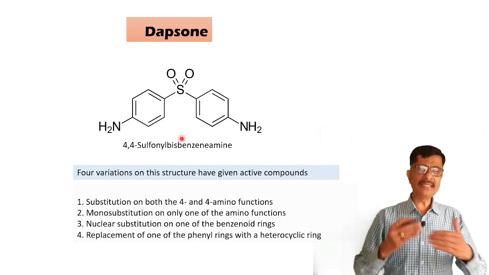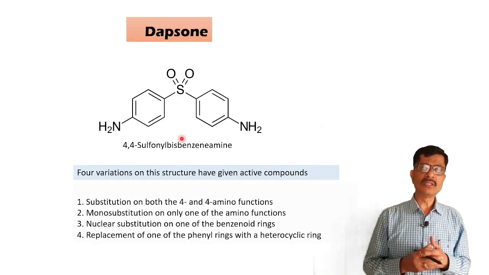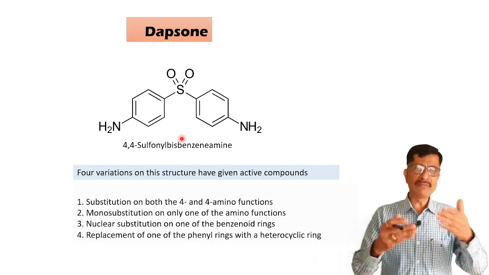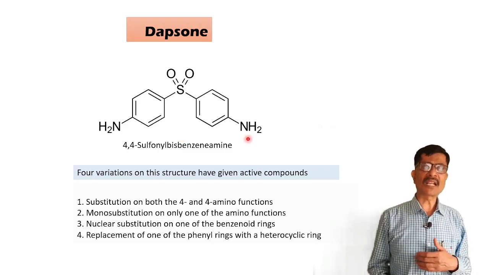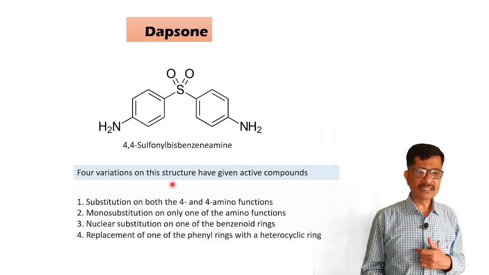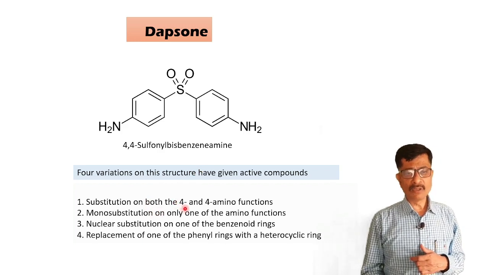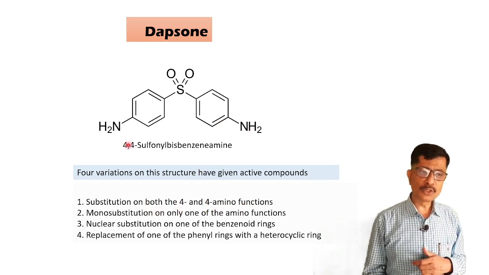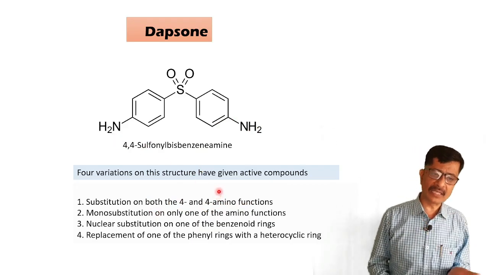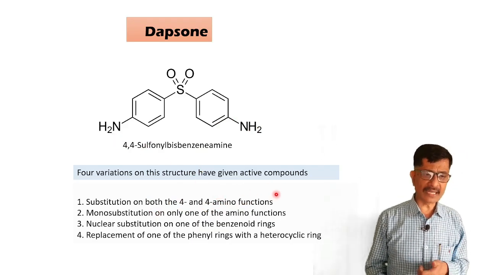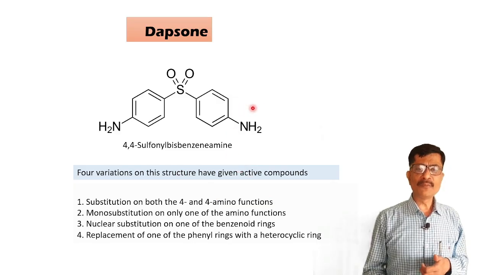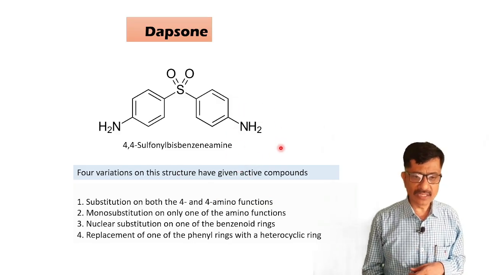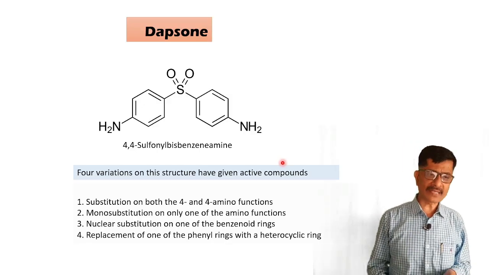Now dapsone shows its antibacterial effect even with some structural variations like substitution on both 4 and 4' amino functions. Even if these two amines are substituted, it still shows antibacterial action. If one amine is substituted, that is mono substitution, it also shows antibacterial effect.